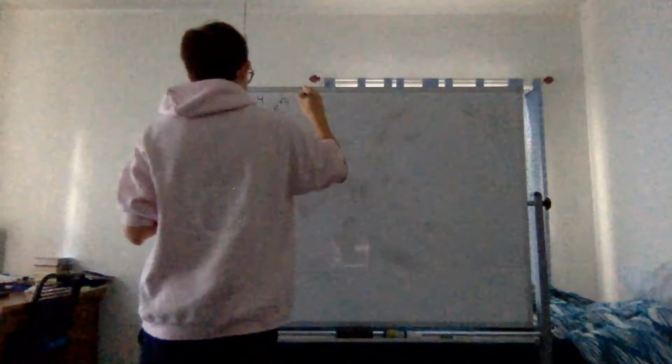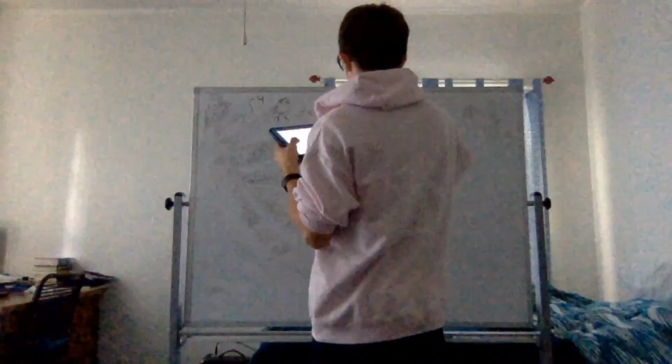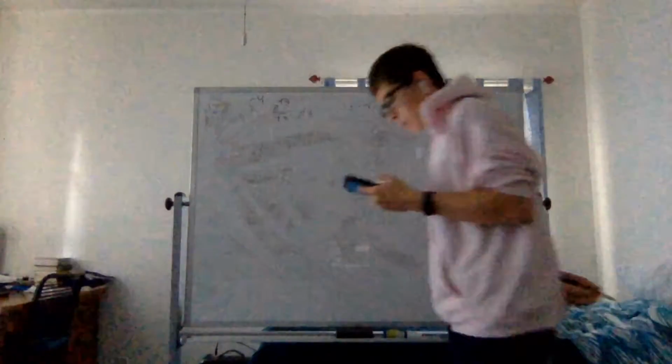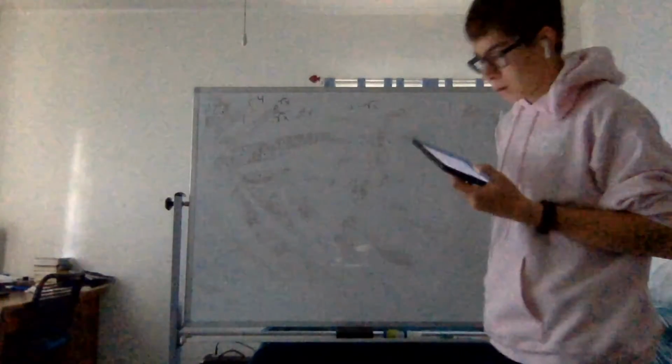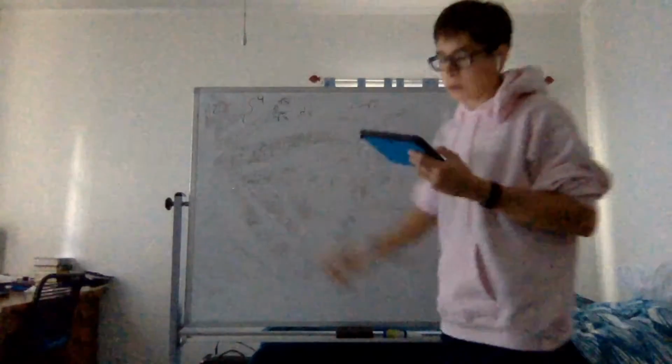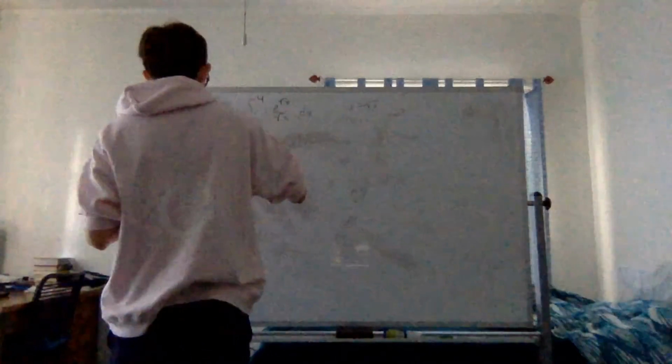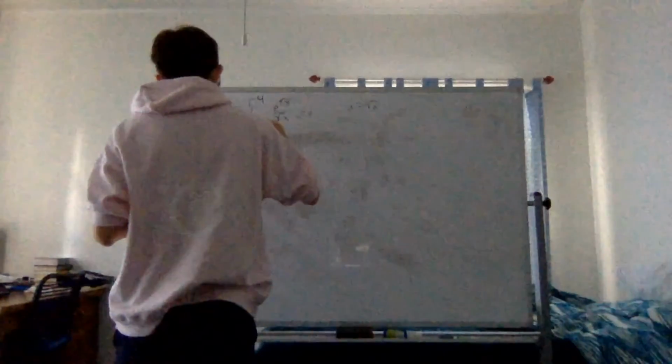Okay, number 12. We are given the integral from 1 to 4 of e to the rad x over rad x dx, and we're given u equals radical x, right? So using the substitution u equals rad x, this integral here is equal to which of the following? A: 2 times the integral from 1 to 16 of e to the u du.